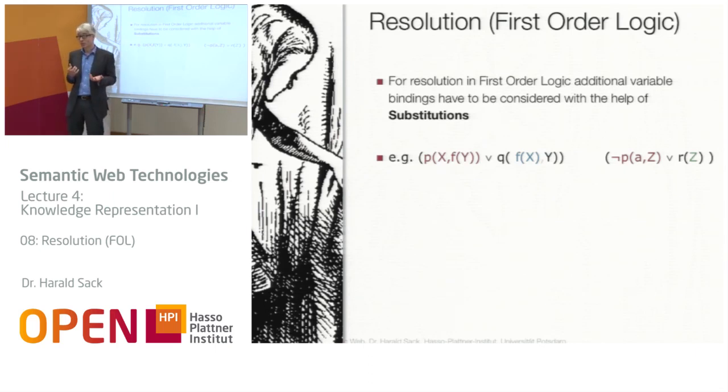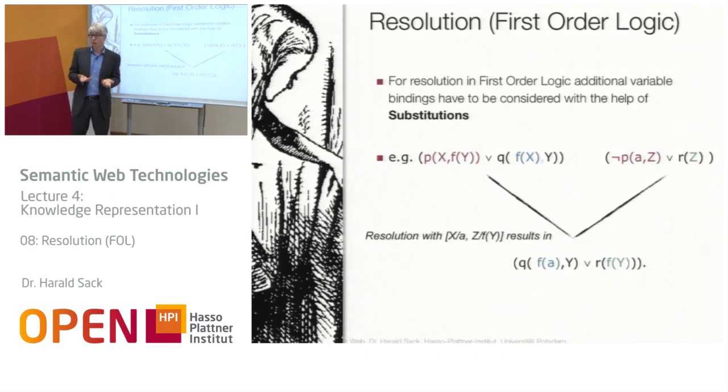But what we can do is, of course, substitutions. And this means that, for example, we can substitute variables by constants. And also we can substitute variables with functions of variables. So, for example, here we can achieve a resolution by substituting the variable x with the constant a.